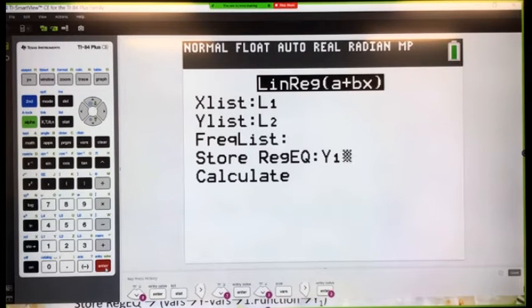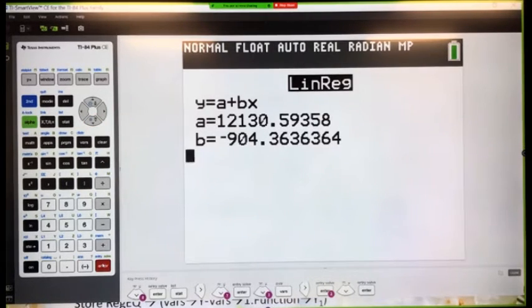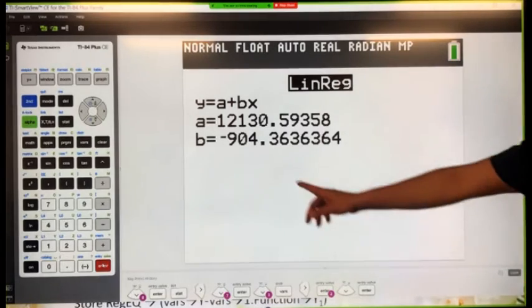So when it calculates my regression line, it's going to give me that calculation and it's going to store it in my y equals for me. That way I don't have to type it all in, or you could just type it in. But you'll see some of these look pretty ugly to type in. Bam! Now if you didn't see that it was a negative type of slope, you'll see it now. Your b is what? Negative.